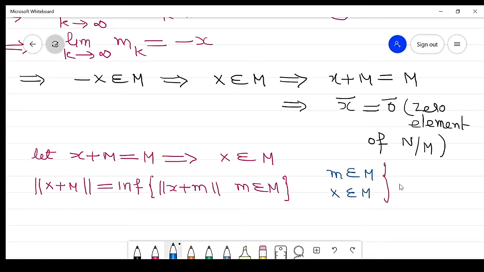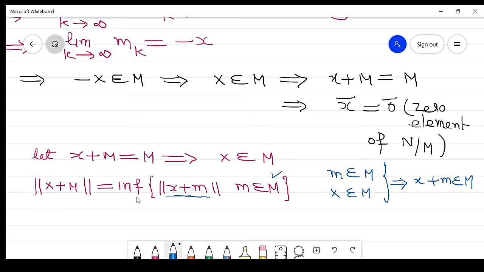So again it is a subspace, so the sum x plus m belongs to capital M. So remember, this total vector belongs to capital M, right?